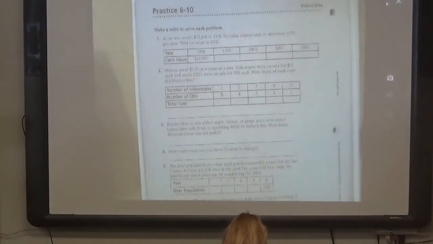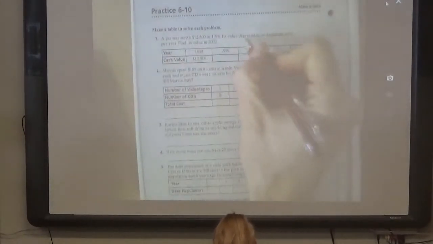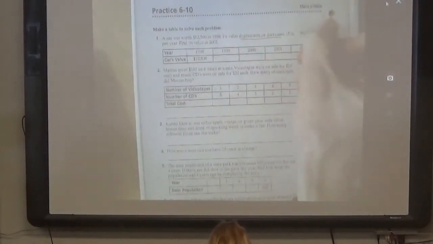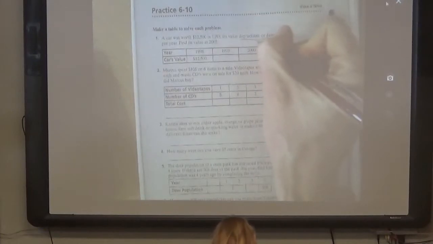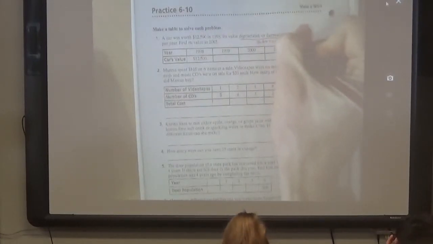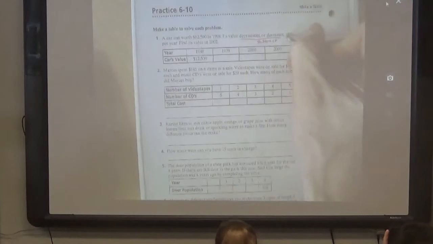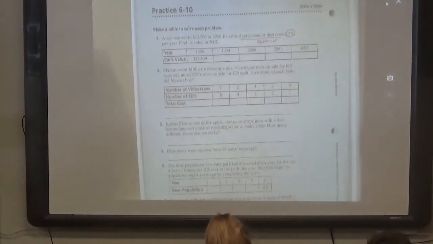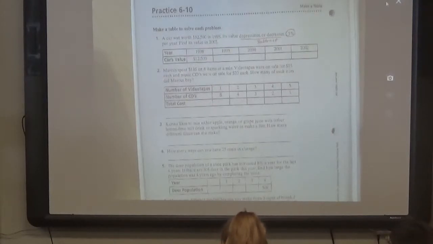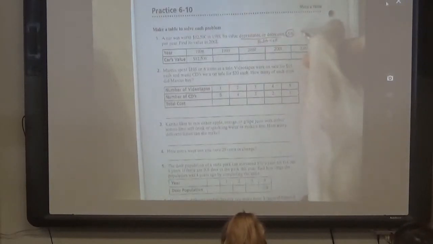So, if it depreciates or gets less, then we're going to subtract that amount each year. How would we find 15%? What would we use for our multiplier? For 15%, what is that as a decimal? Devlin? 0.15. Yeah, 0.15.